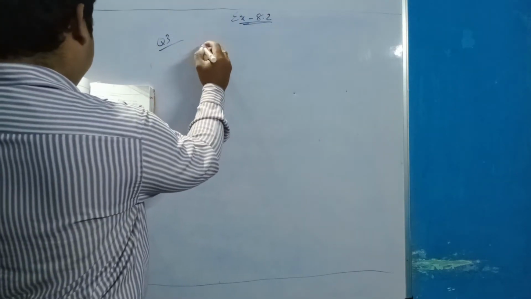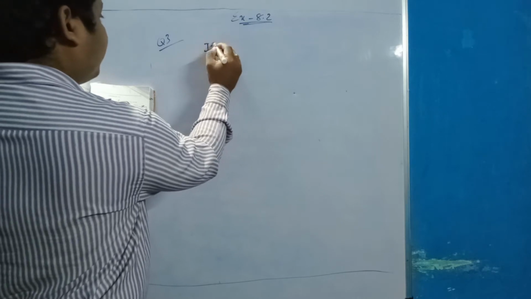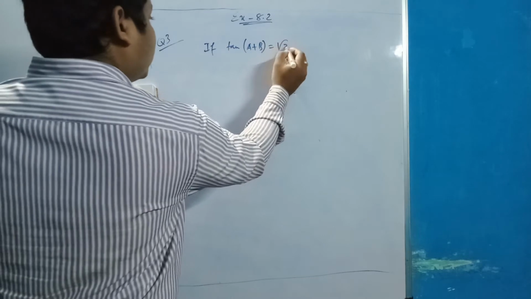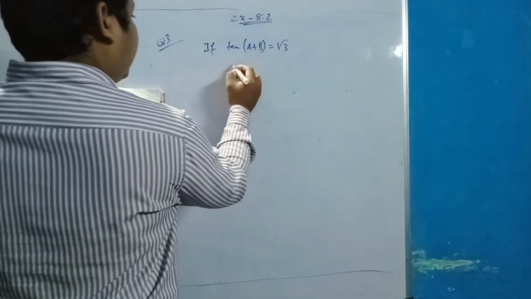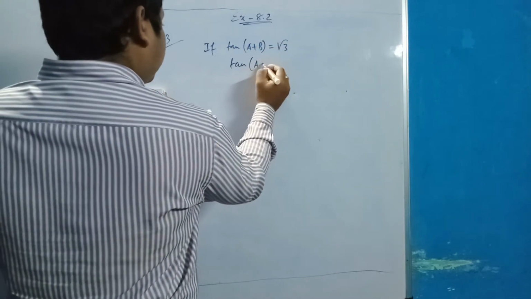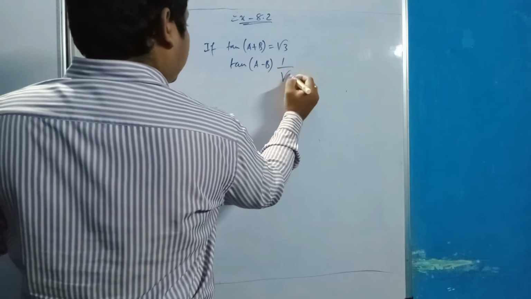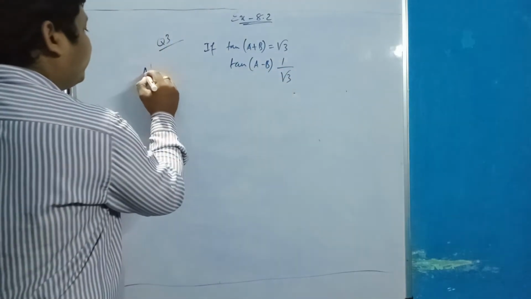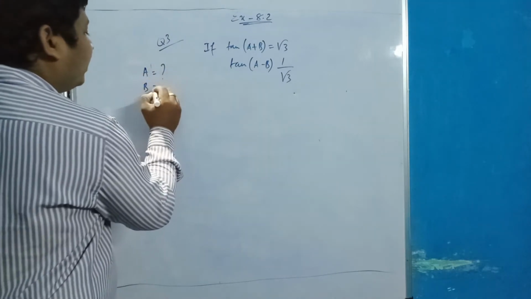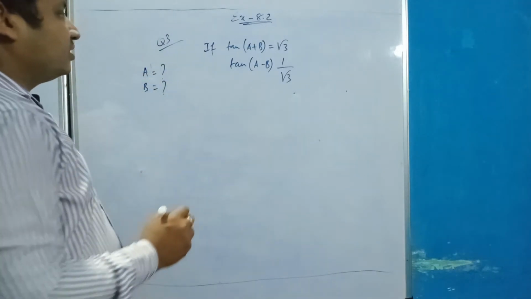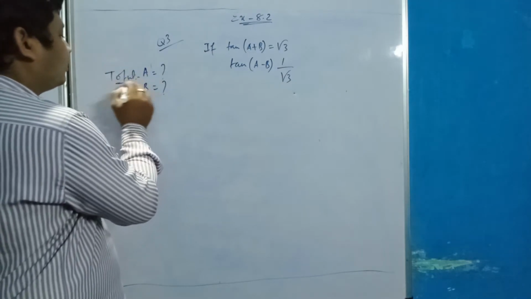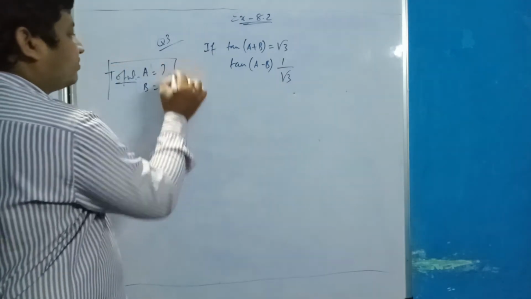It is given if tan a plus b equals to root 3, tan a minus b equals to 1 by root 3, then find out the value of a and b. It is telling to find out the value of a and b. So this is the question, to find I have to use this one.